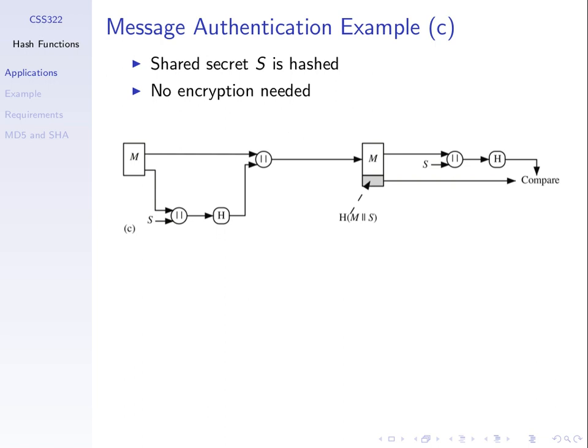Malicious user intercepts M concatenated with H. If the malicious user, say, modifies the message and sends M prime, can the malicious user calculate H prime, where M prime is the modified message, H prime is the hash of the modified message concatenated with what?